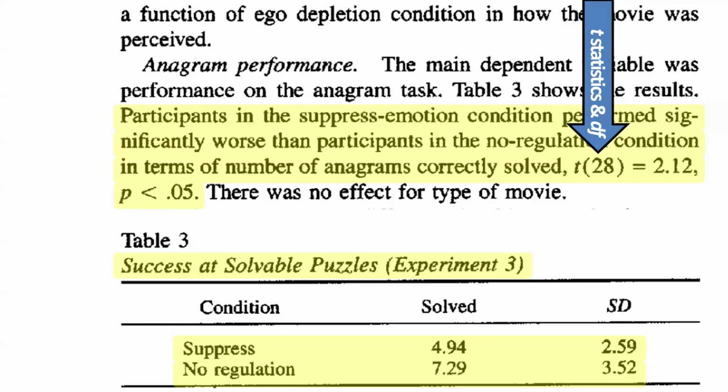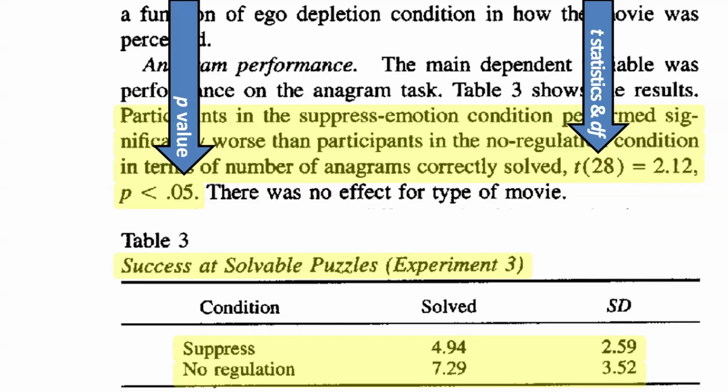For the p-value, you can tell this is an older study because they report a p-value less than 0.05. What that tells you when you're reading this is, number one, the p-value was less than 0.05. We don't know how much smaller it was, but it's less than 0.05.